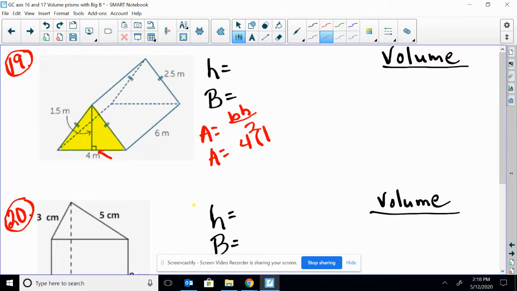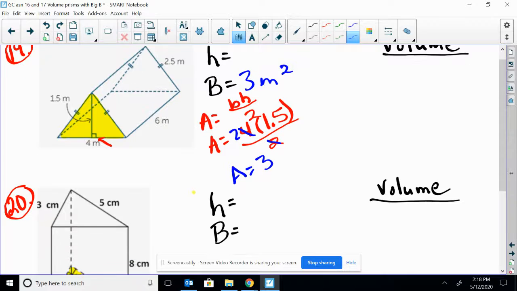Our height is 1.5. I know that decimal was kind of hard to see, so I actually put a note in the question that it was 1 and 1/2, not 15. So I'm going to simplify. 2 goes into 4 2 times. And if I take 1.5 and double it, I get 3. So my big B is 3 meters squared.